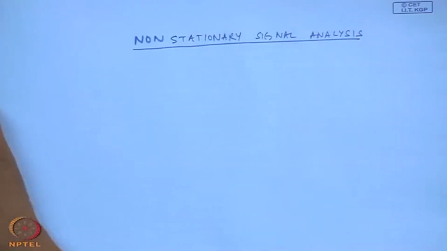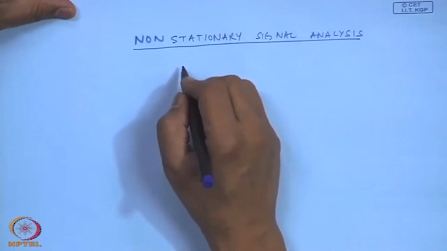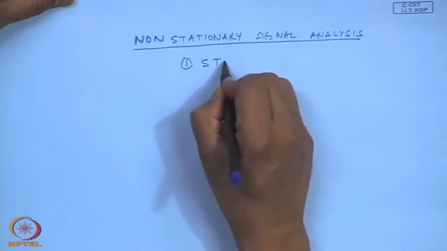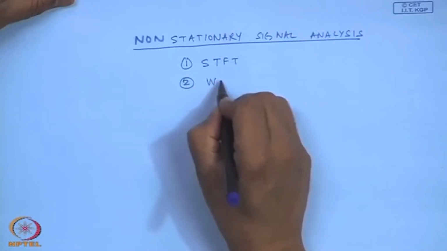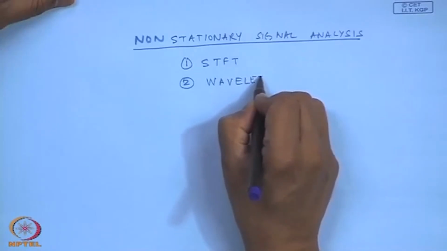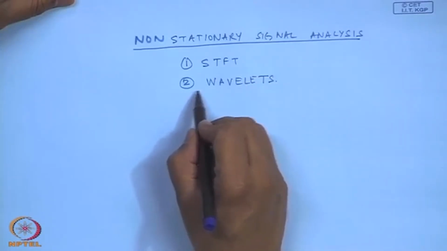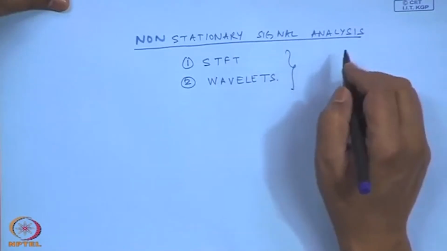We will go to them. Before coming to rub, I will conclude this. In non-stationary signal analysis, we can do what is known as the STFT. I can do what is known as wavelets. Okay. And these are the two important techniques which can be used to find out looseness.